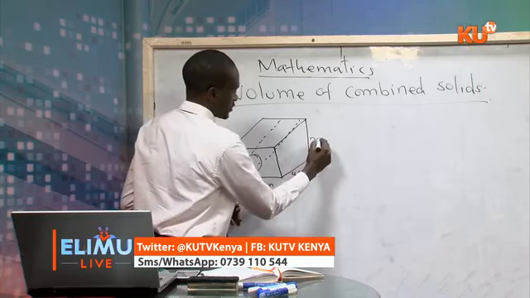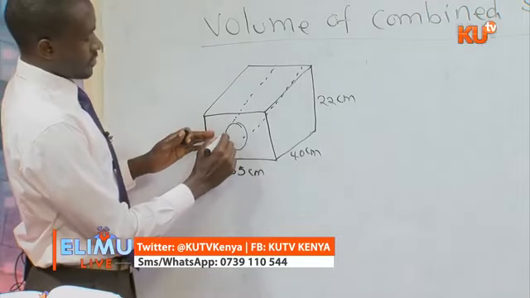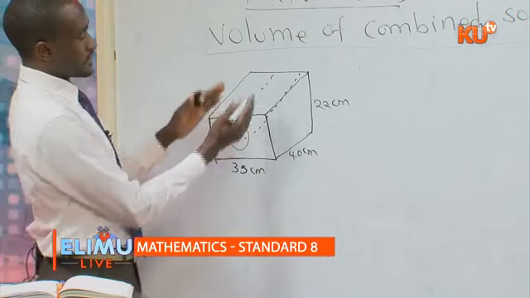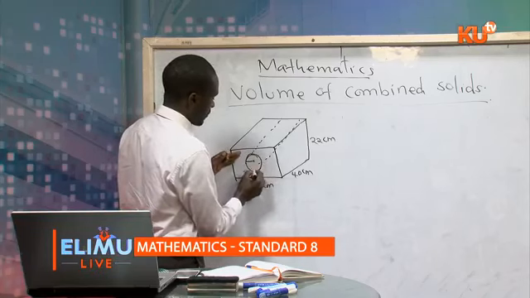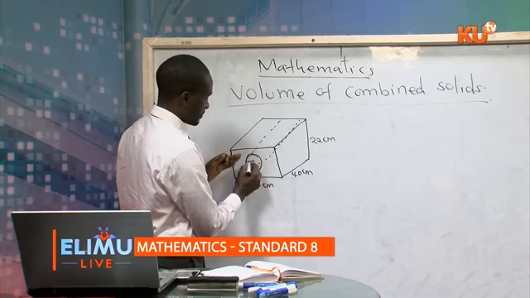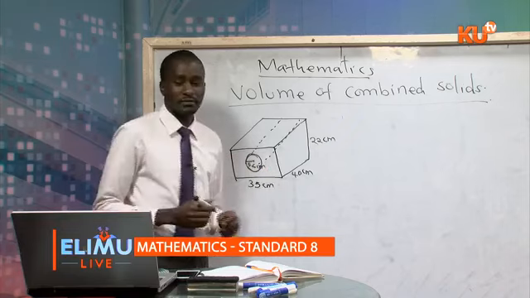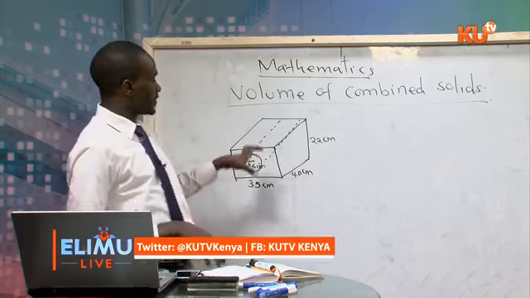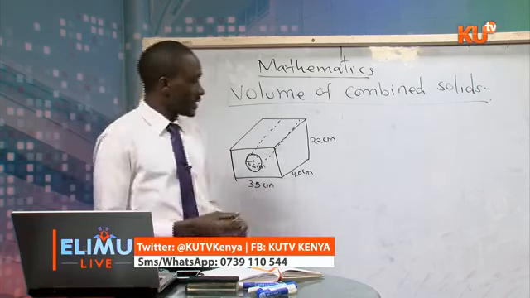And this one here is 22 centimeter. The radius of the circle of the cylinder is 5.6 centimeter. Now, how do you get the volume of this figure?